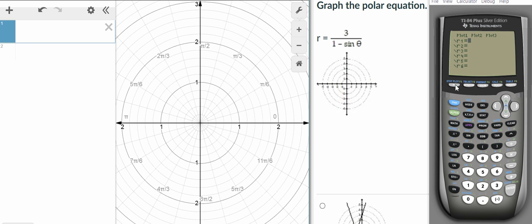Again, one more time. When you turn on your calculator, it might be in this state. When you click on y equals, you may not really get r1 equals.